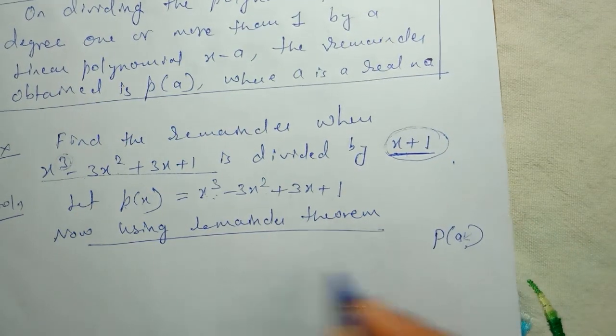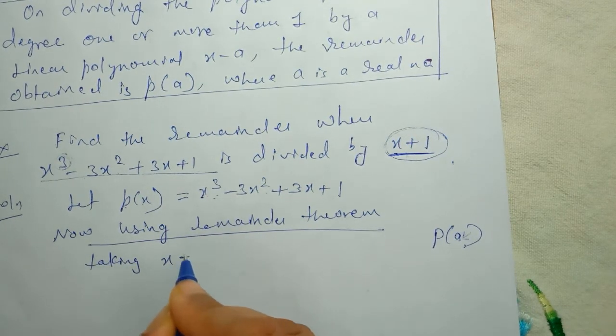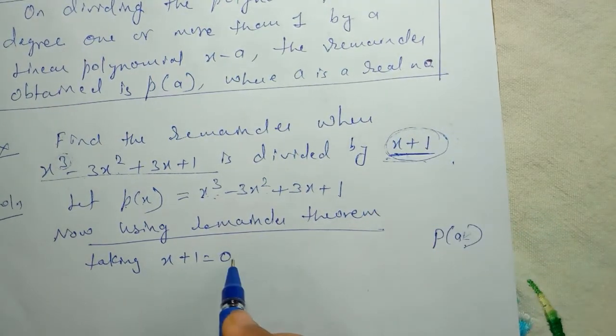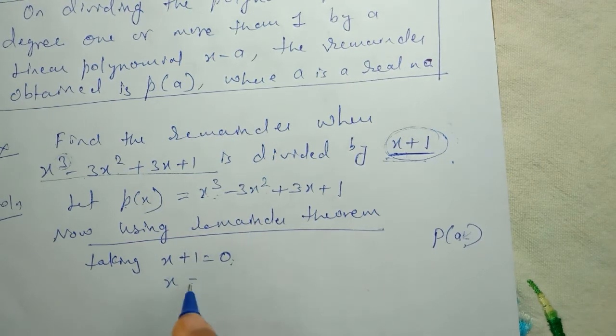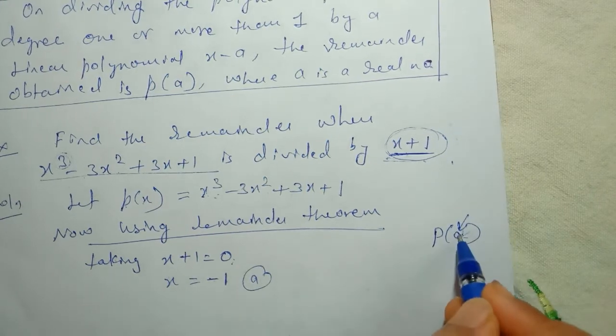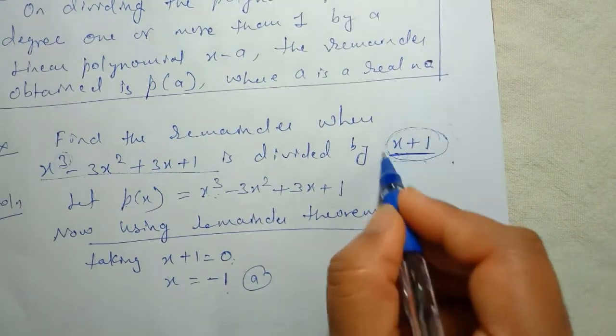We'll get the value of a from this condition: taking x plus 1 equal to 0. We have to take the linear polynomial equal to 0 so that we can get the value of x. So we transpose 1 to the other side, and it changes into -1. So -1 is the value of a, the value of x that we get from the linear polynomial.